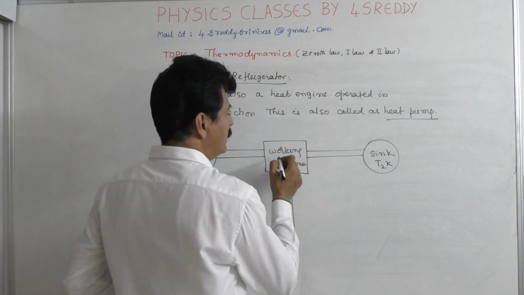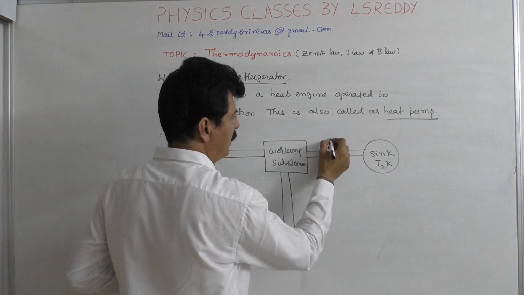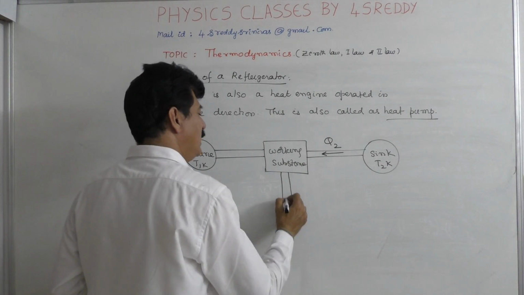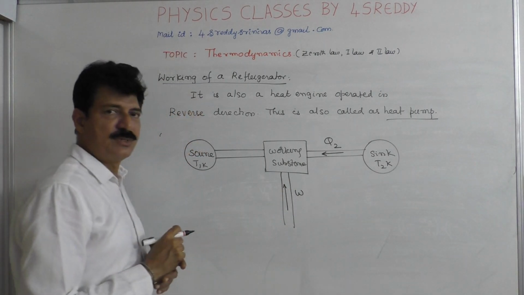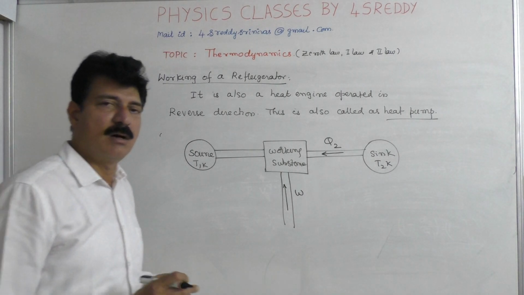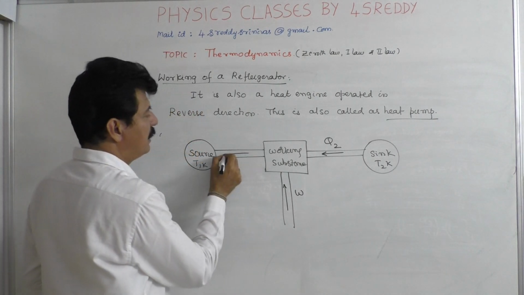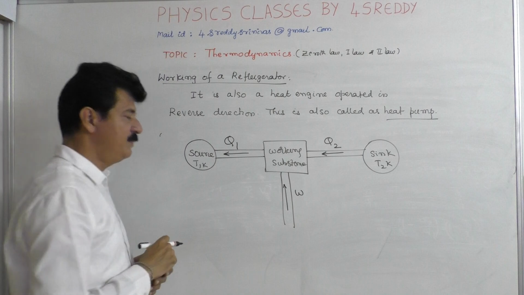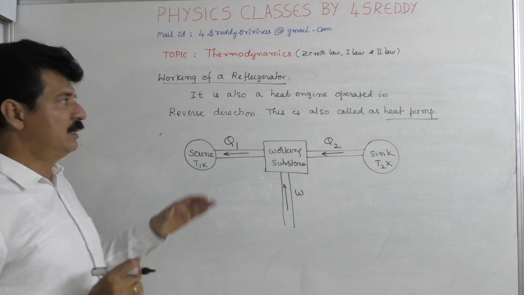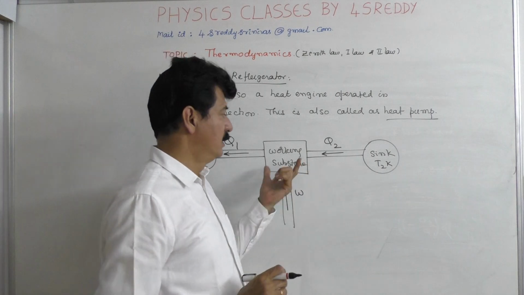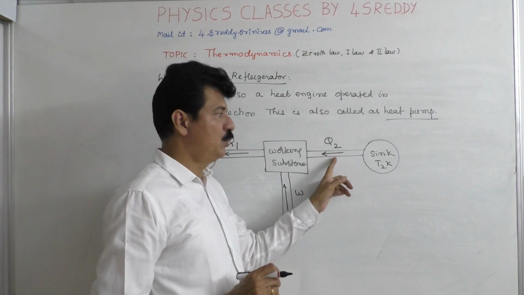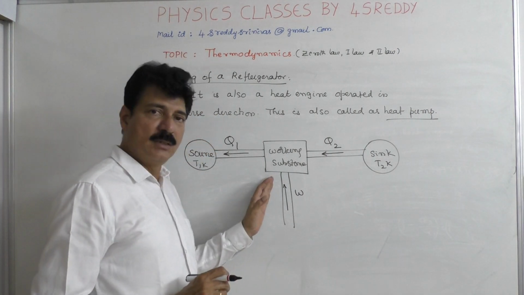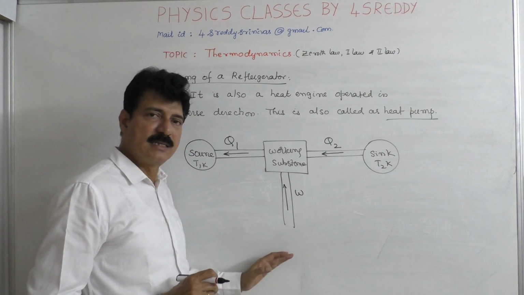So what happens is that the working substance extracts a heat Q2 from the sink, and some work is done on the working substance by an external agent called the compressor, and the remaining heat is rejected to the source.